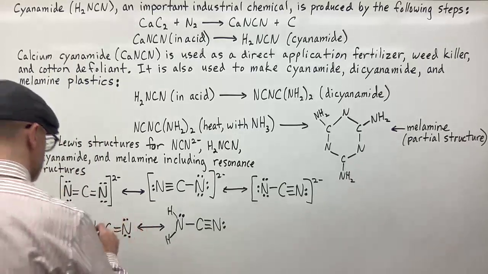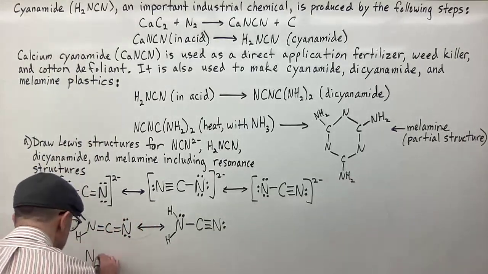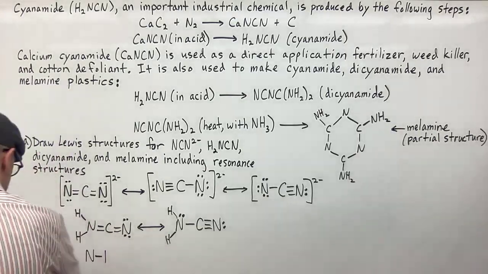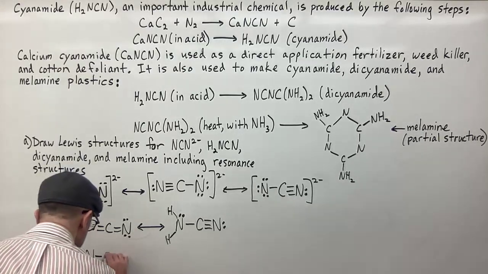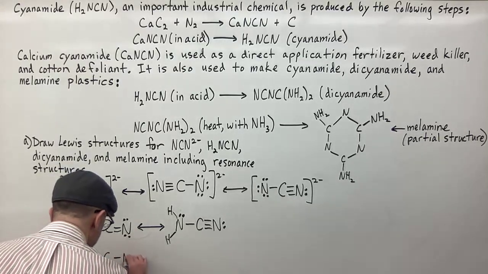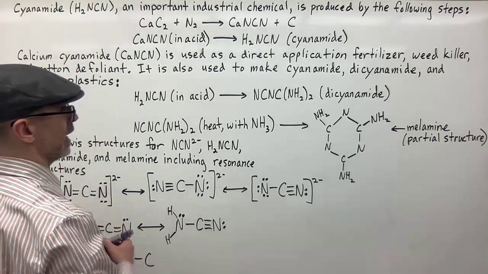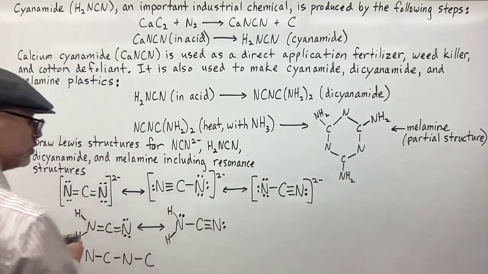So the way this is going to look is I'm going to have N bonded to C, bonded to N, bonded to C. And then I have these 2 NH2 groups.